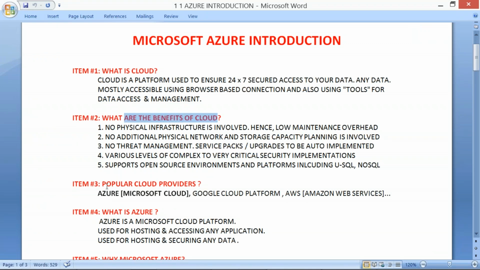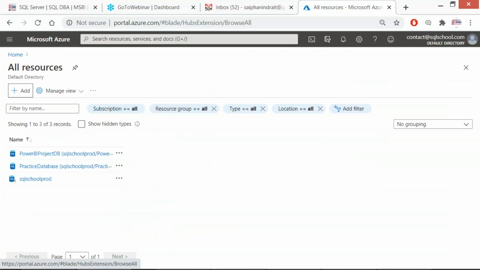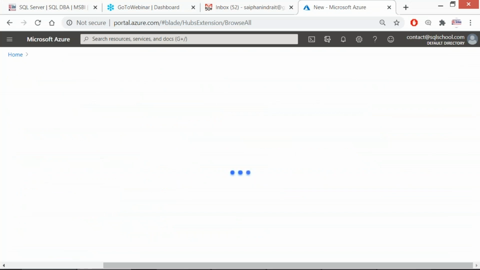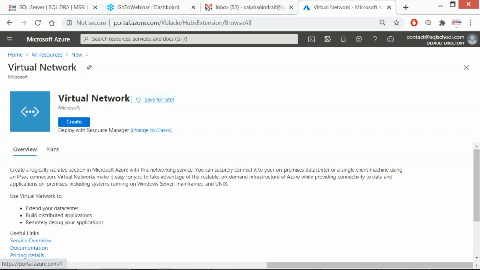The benefits of cloud: no physical infrastructure is involved, so low maintenance overhead. No physical network, it's all virtual. For example, in next few classes we'll be practicing something like this. Say virtual network. We would be creating a virtual network, and on top of virtual network we define something called virtual machines.